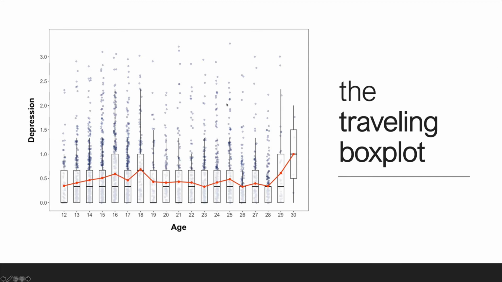So from this example plot, you can see that I've got a distribution of observations at each age, and then a standard box with an interquartile range reflected at each age. And I've also overlaid a mean trend across the entire thing.